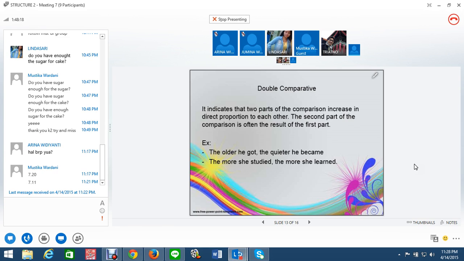The more dangerous it is, the more I like it. The more people you know, the less time you have to see them. The more you work, the less you learn. Jadi kalau ada adjective dalam kalimat itu, adjective should be put after more. Bisa ya?